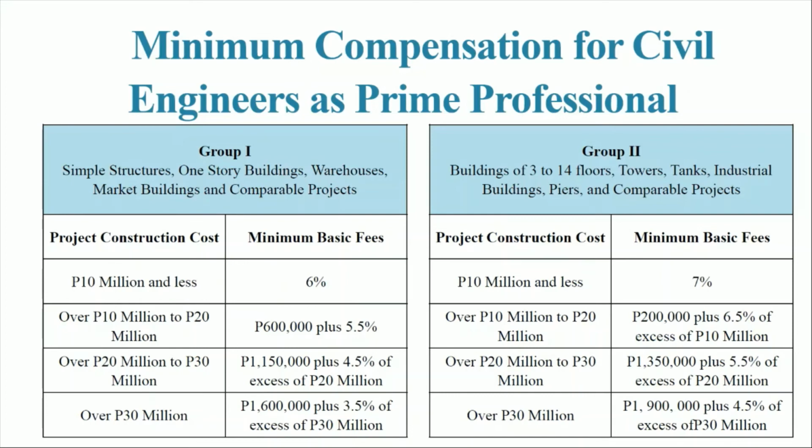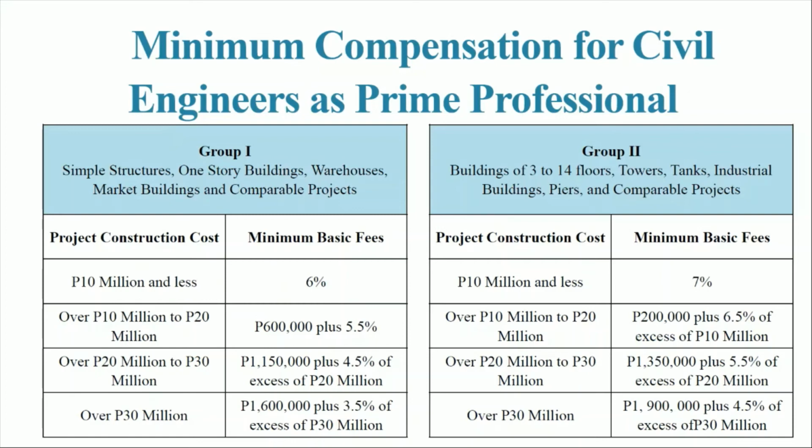As for group 1, here we have simple structures. It could include one-story buildings, warehouses, market buildings, and comparable projects. For the first base, for the 10 million and less projects, the prime engineer or the civil engineer as prime professional must have at least 6% of the entire project cost.